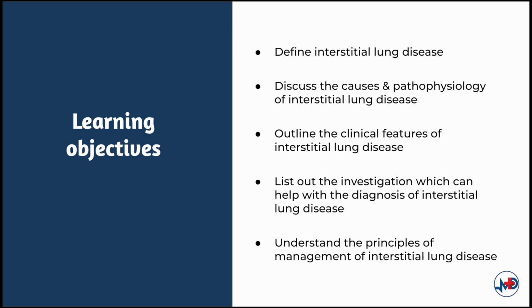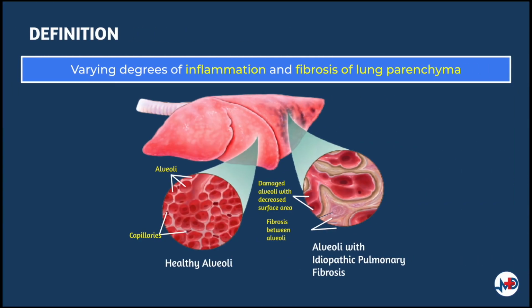Let's get started. Interstitial lung disease, also known as ILD in short, comprises a heterogeneous group of disorders that cause varying degrees of inflammation and fibrosis of the lung parenchyma, which is the space between the capillary endothelium and the alveolar epithelium.